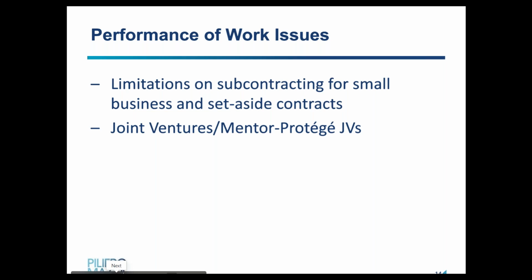Again, the scienter element is relevant there, but the prime contractor needs to be tracking its own performance and the amount of work that it's passing through to its subcontractors.